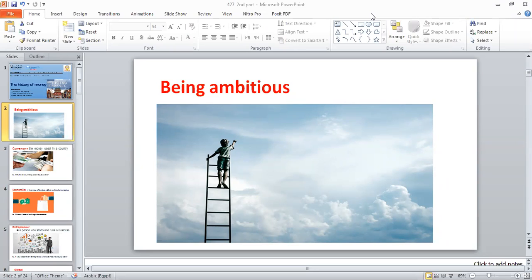You need to get the full mark in all the subjects. This way, Mish'al is ambitious, but Mahmoud is not ambitious enough. Why? Because Mish'al wants high marks. He needs to be successful at everything. But for me, it's enough to get 8 out of 10 or 7 out of 10. So, guys, ambitious means that you want to be the best at everything.